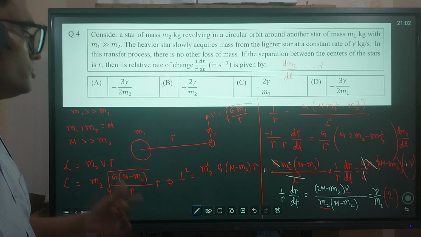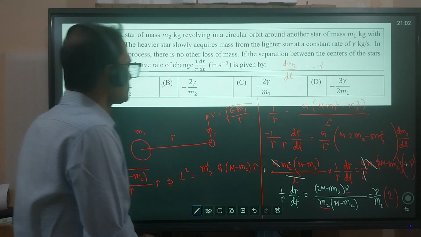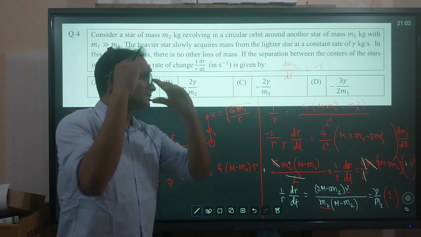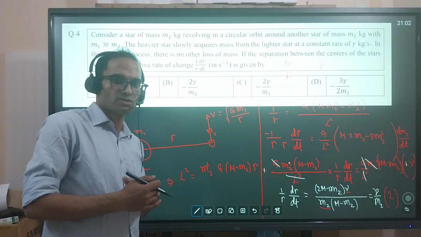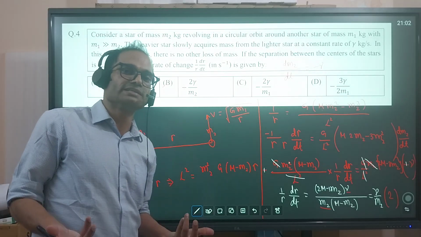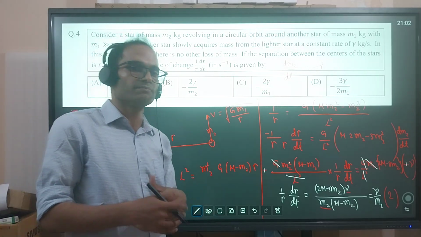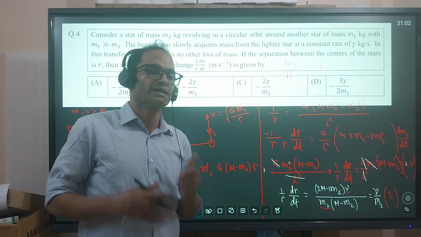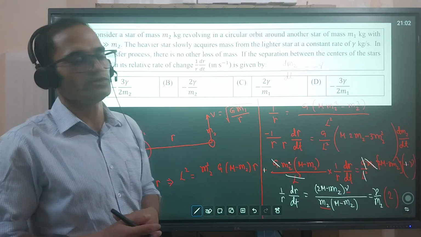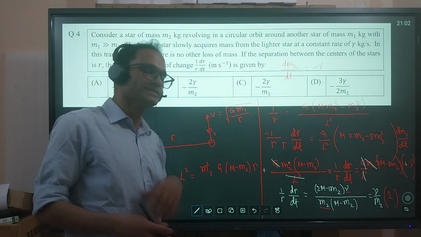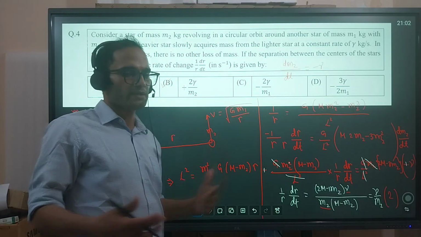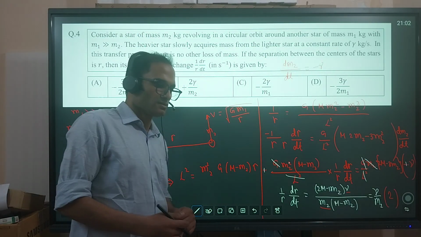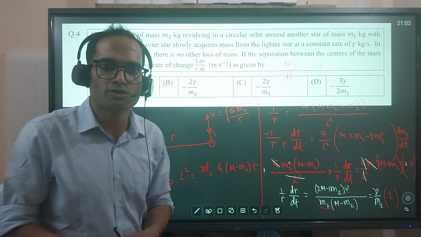Let us see how. First of all, the lighter mass is losing the mass, so its velocity will increase. To keep the momentum same, velocity will increase and radial distance will also increase. So basically dr by dt will be positive. Now some people will say kinetic energy is also increasing.